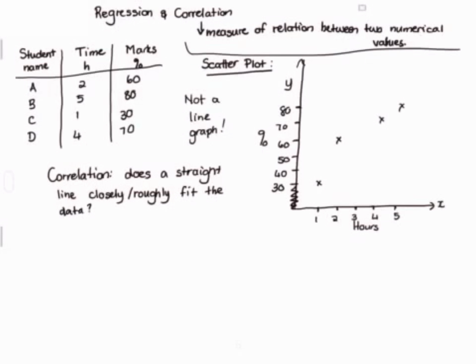That's what we want to figure out. In part 2, we're going to look at how to actually calculate it. Here I'm just going to have a look and say, well, I could roughly, and remember this is just roughly, this is not what we call my line of best fit. They do sort of roughly lie clustered around a straight line that is increasing.